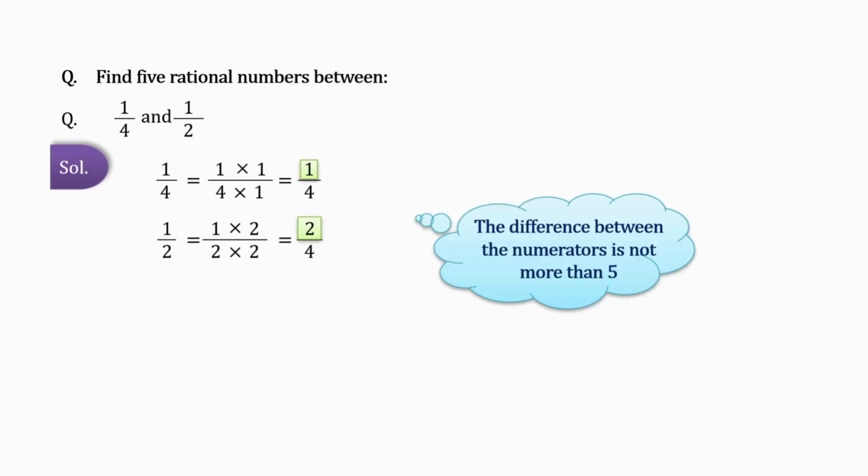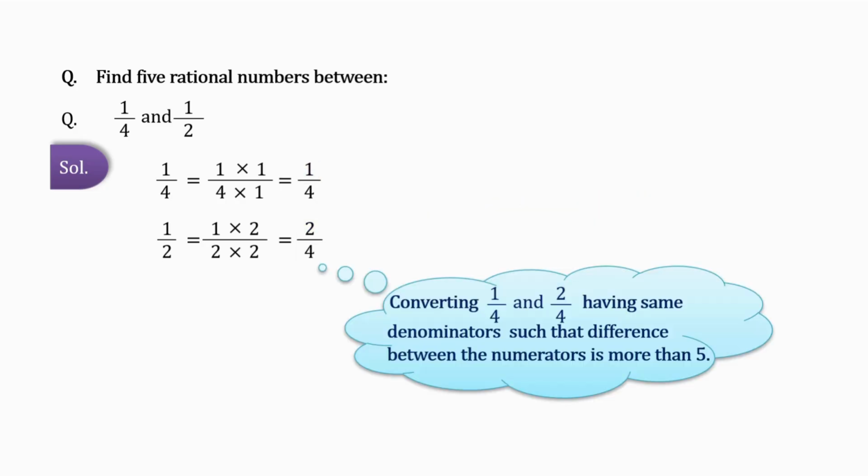But the difference between the numerators is not more than 5. So now converting 1 by 4 and 2 by 4 to having the same denominator such that the difference between the numerators is more than 5.